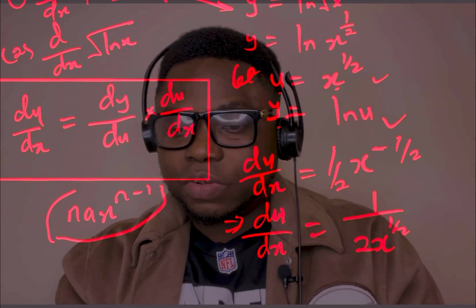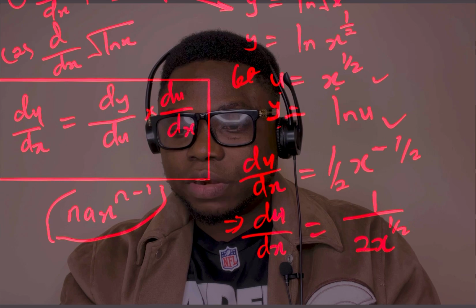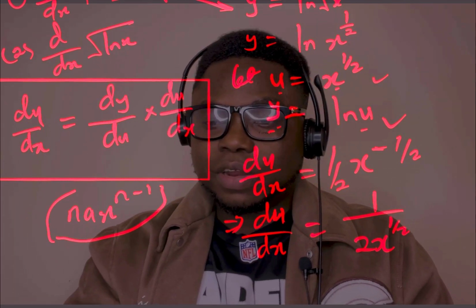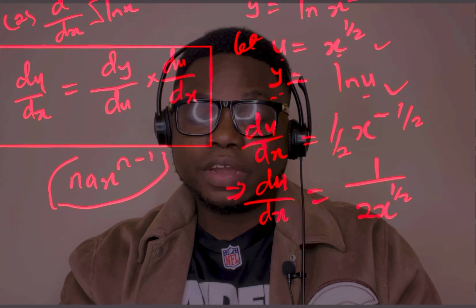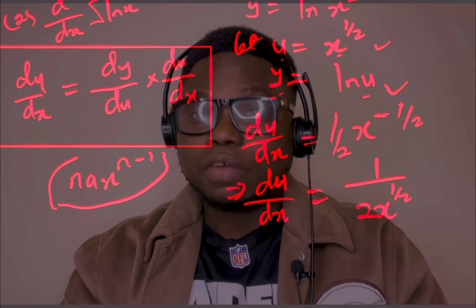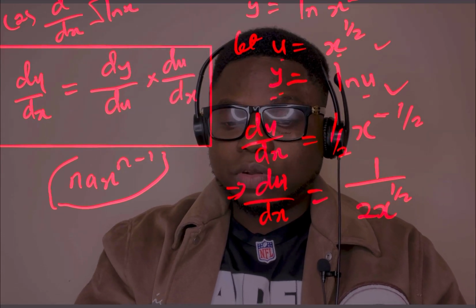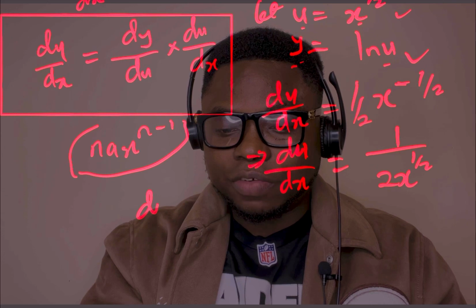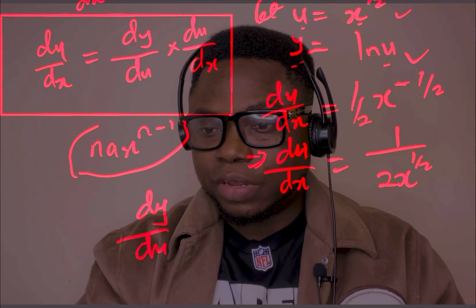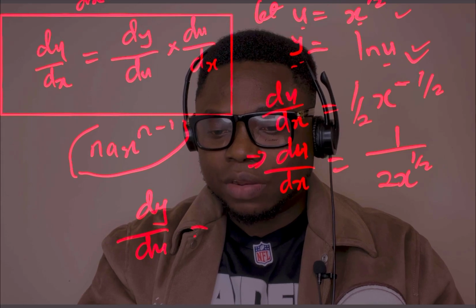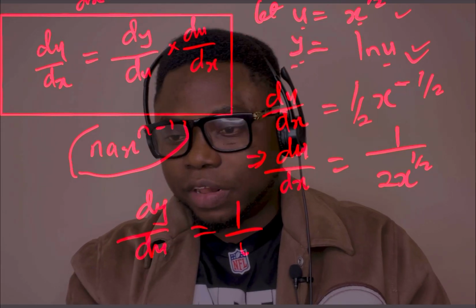Then the next thing to do is to find the derivative of y with respect to u. Remember that if you are differentiating ln of any variable, it's going to be the reciprocal of that variable. So finding dy over du, that is going to give me 1 over u, because this is ln u.